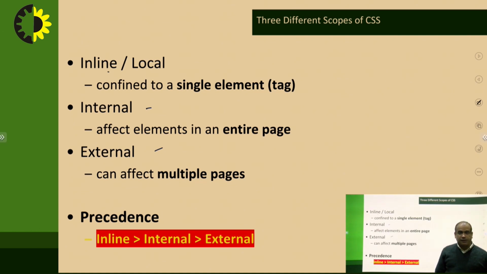For external, a separate CSS code is written in a file stored with a .css extension, and that can be used in a particular HTML or XHTML page. Inline or local is confined to a single tag or element. If I talk about precedence, inline will always override internal, then external.